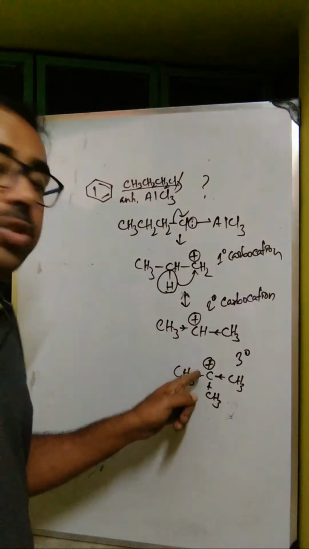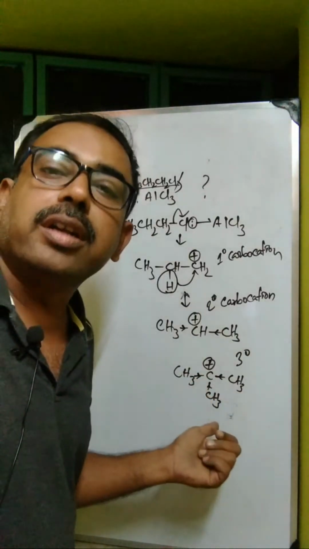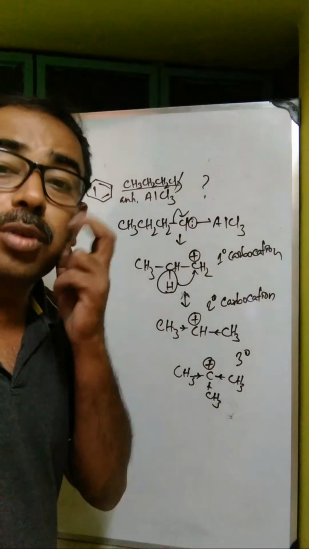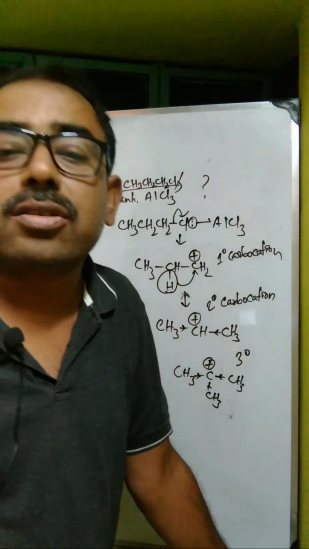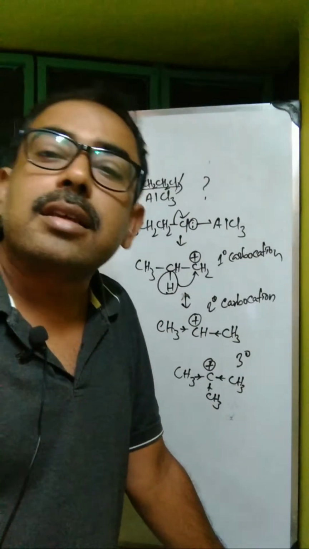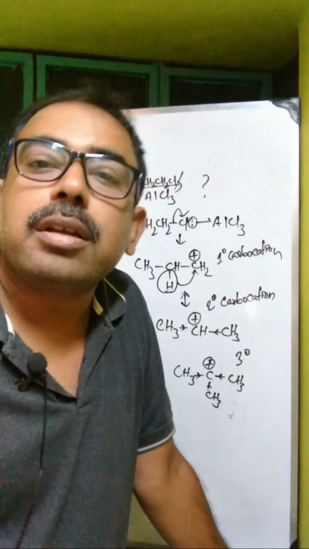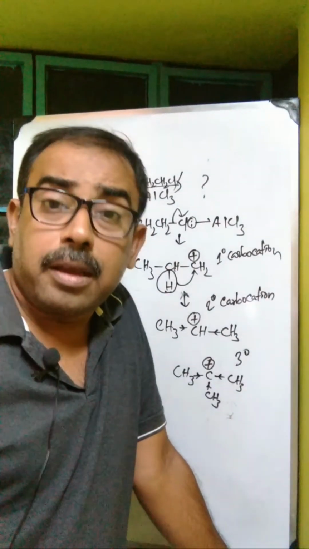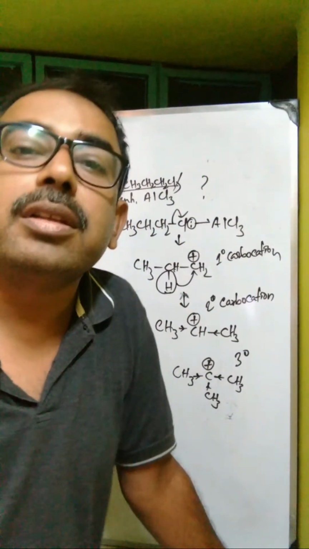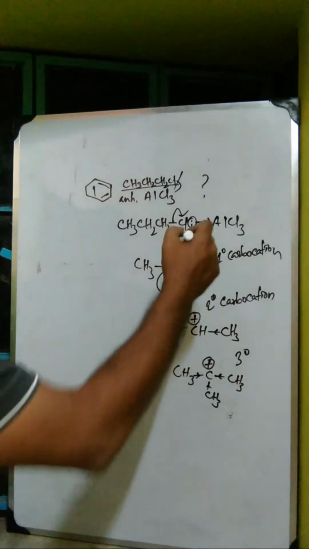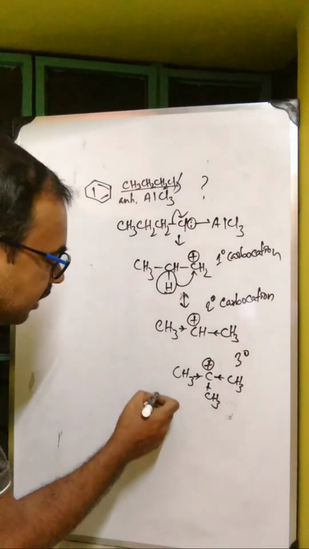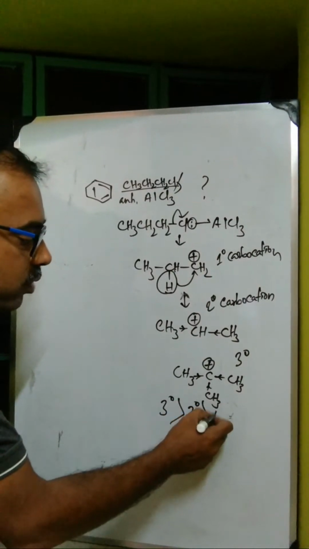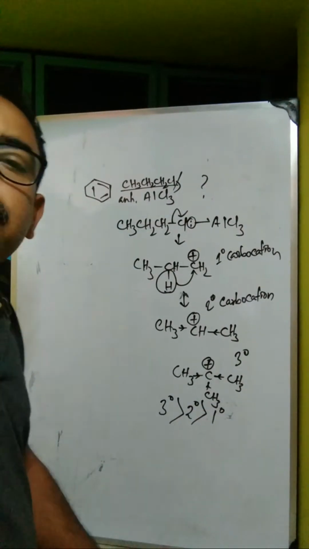So here the positive charge will be reduced more than in the former, and then the 1 degree carbocation. So we can say that a 3 degree carbocation is more stable than a 2 degree carbocation, and a 2 degree carbocation is more stable than a 1 degree carbocation.